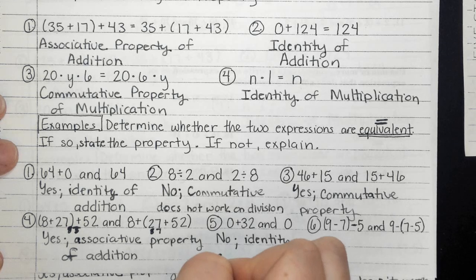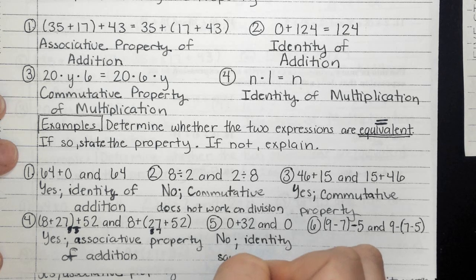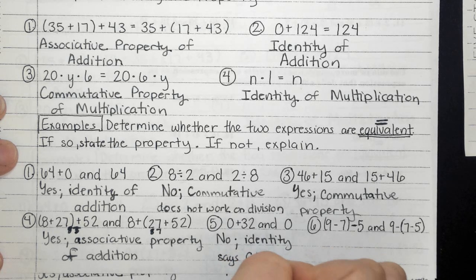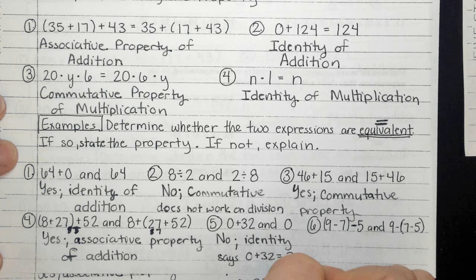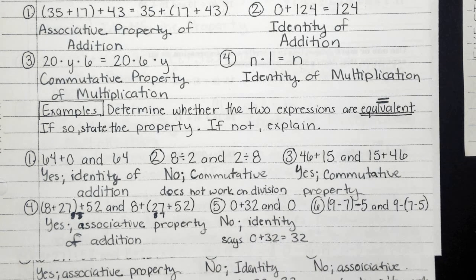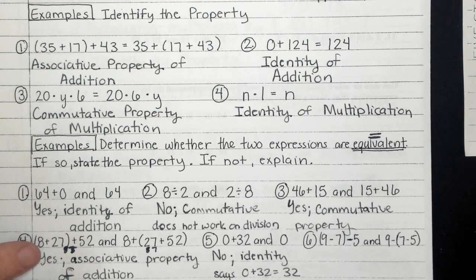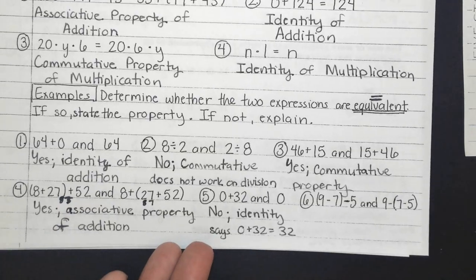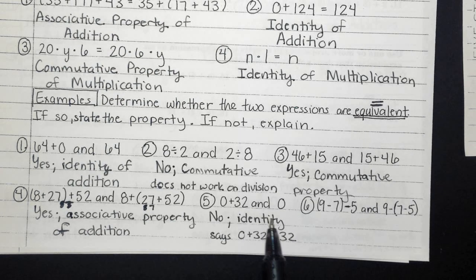Yeah, identity says 0 plus 32 should equal 32. They did the identity wrong. So I said, no, the identity actually says it should be 0 plus 32 and 32.